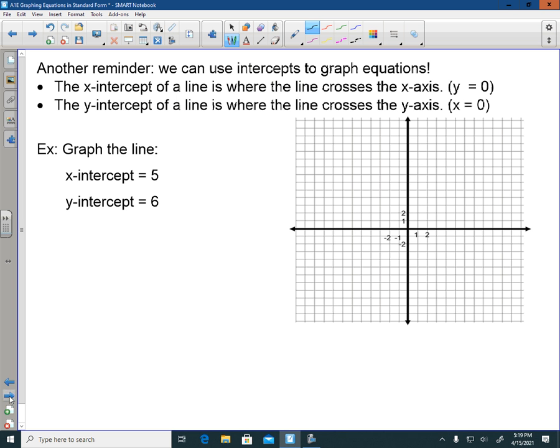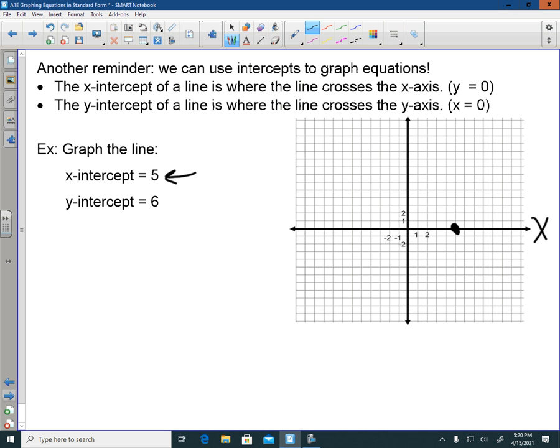So here's what I mean. If we know the x and y intercept of a line, then we can graph that line, and we can discover things about what's true about those intercepts. So if we know that the x-intercept is 5, that means that this line crosses the x-axis at 5. So here we have 1, 2, 3, 4, 5. This point right here is where this line crosses the x-axis.